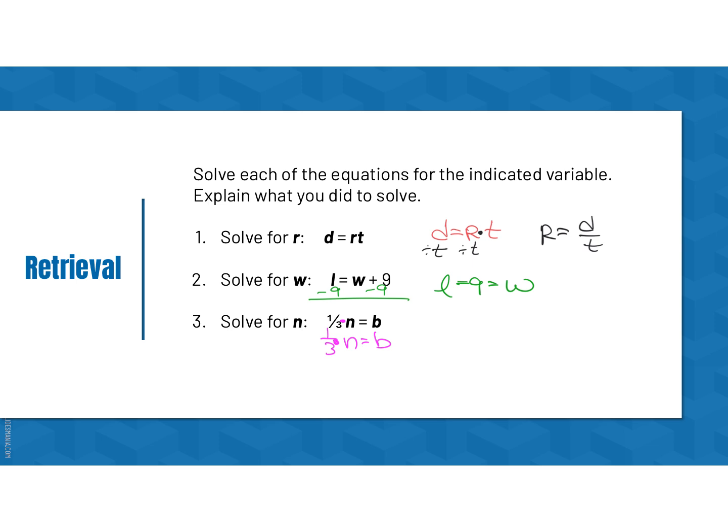Or you can think about it as getting rid of the 3 by multiplying by 3 on both sides. 3 divided by 3 is 1, leaving 1n. How do we get 1 by himself? We divide by 1. 3b divided by 1 is 3b. So we have n equals 3b.